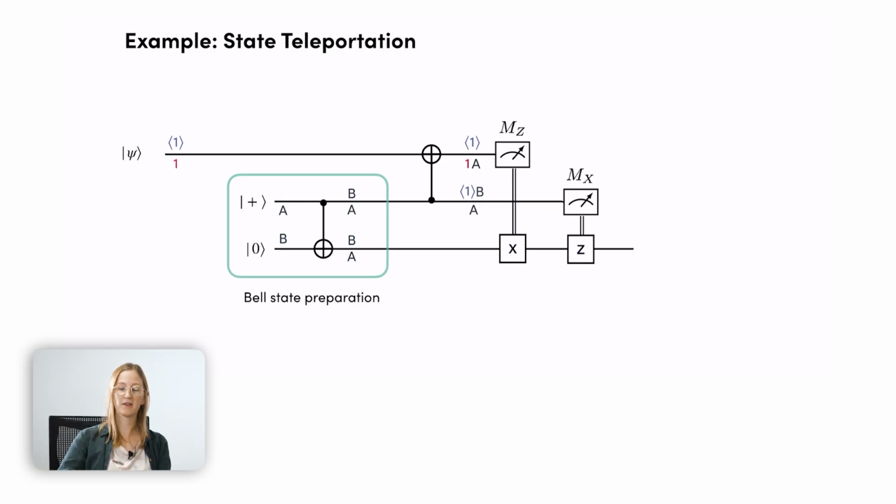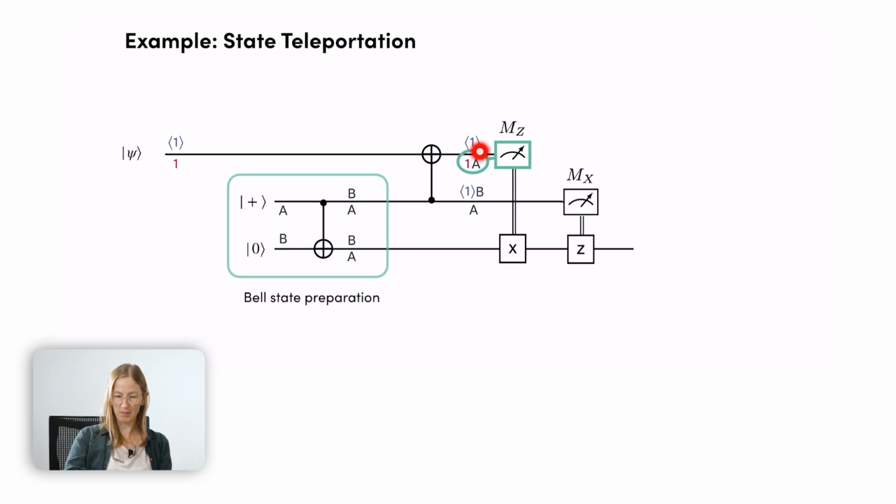So first of all, we have the CNOT now entangling our Bell state with our input qubit. We follow the same rules again, so this is the new labels we get here. And then we measure. And the first measurement is a Z measurement of our original qubit. Now, the first question many people might ask is, if I measure this qubit, I get information that I don't want to obtain of my quantum state.